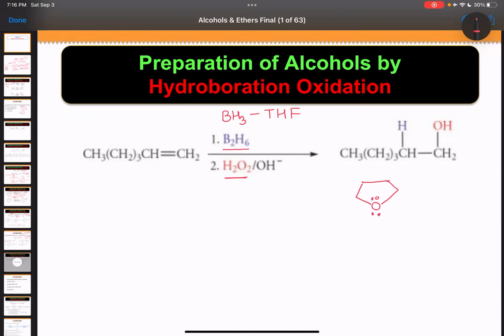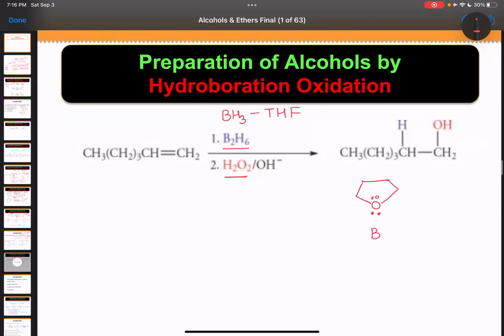This borane actually forms a dimer. If it is not taken in ether, it combines with its own molecule to form B2H6. In the presence of this ether, it remains a monomer BH3, because ether shares its lone pair and lets it remain as a single species. So always you will find BH3 THF written.